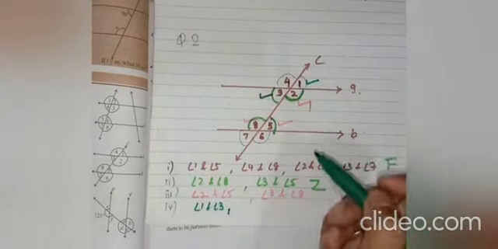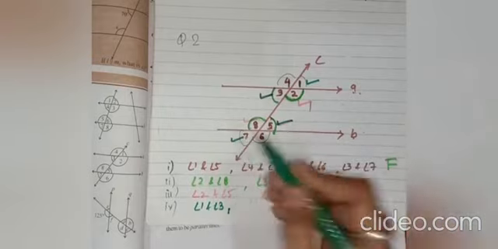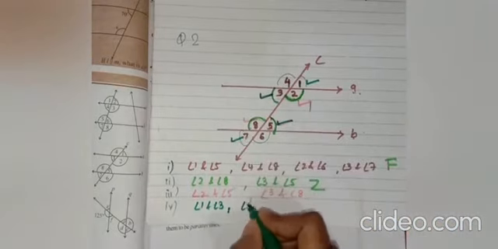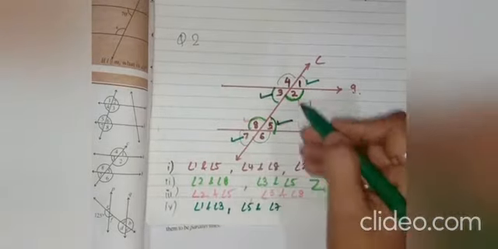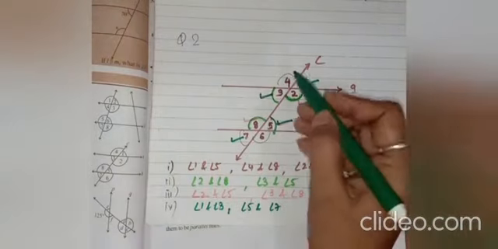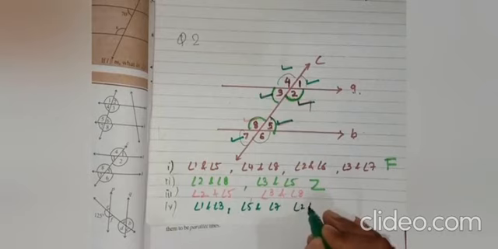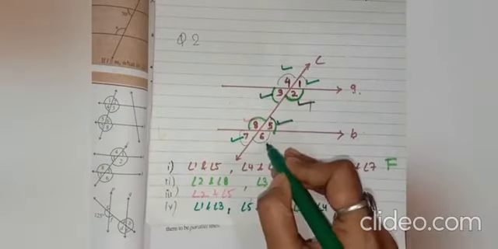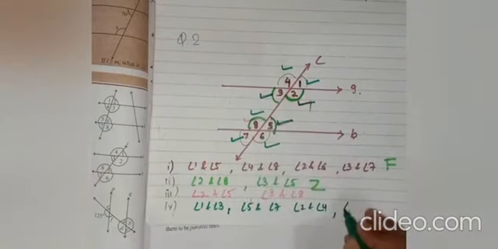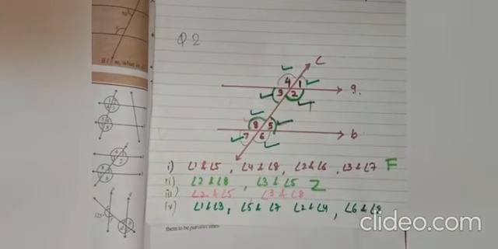Next, angle 5 and angle 7. Then from upside here, angle 4 and angle 2. And here angle 6 and angle 8. So they are vertically opposite angles. Okay.